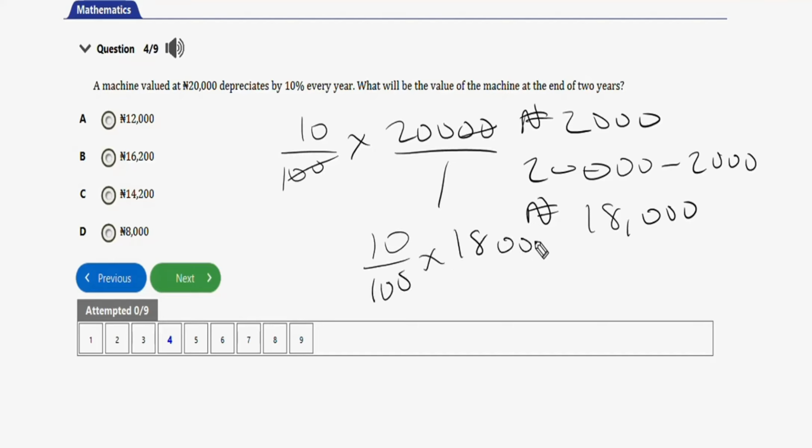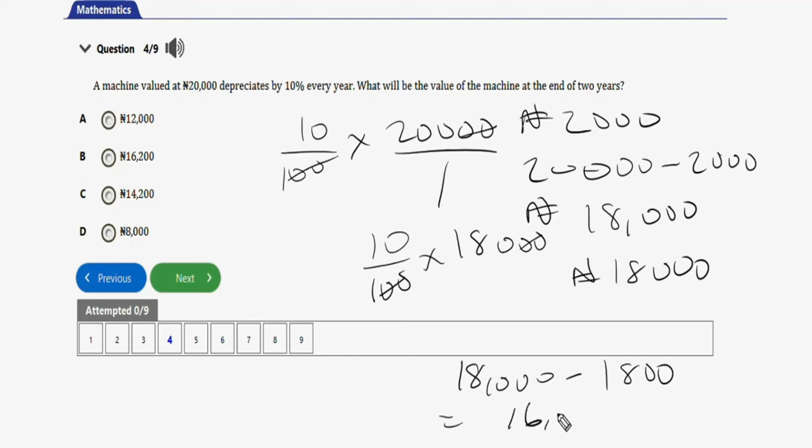So you're going to have 1,800. So the result in 2 years will be 18,000 minus 1,800. So you're going to have the output to be 16,200 naira. Okay, so that will be the answer.